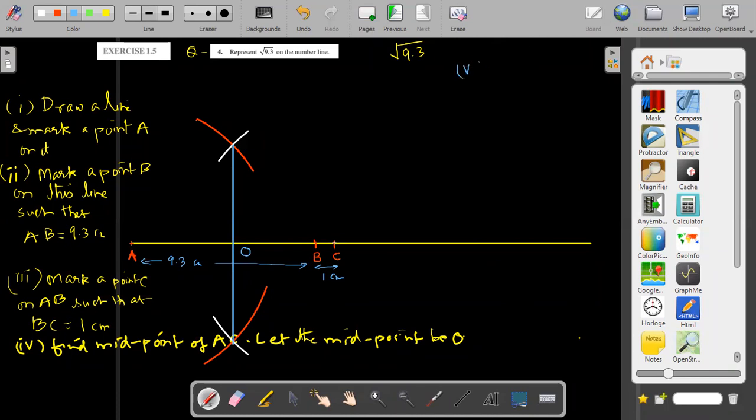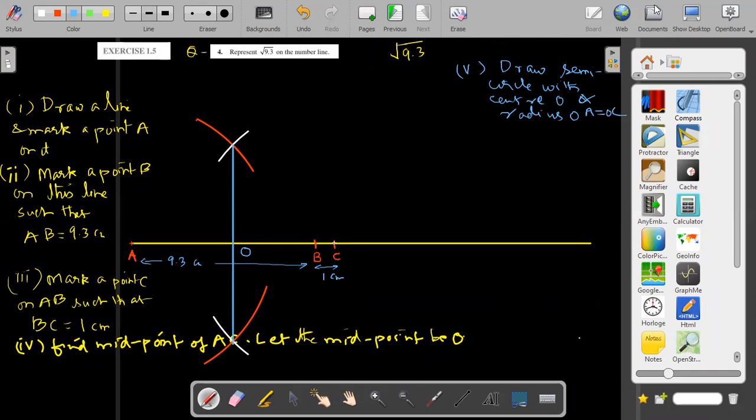Step number 5 is: taking O as the center and OC, draw a semicircle with center O and radius OA or OC, the same radius OA or OC.